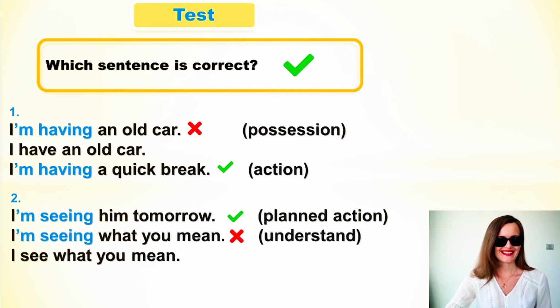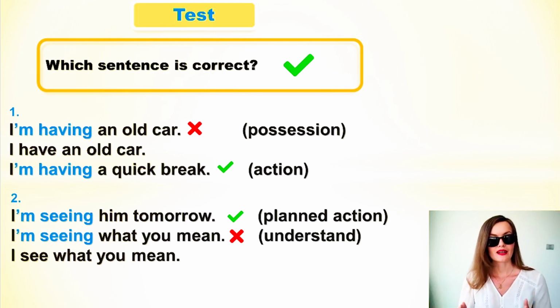And the second one, I'm seeing him tomorrow, is the correct one because you show a planned action. And the second one is wrong, I'm seeing what you mean, because in this situation we should say, I see what you mean. I see means I understand. It's a stative verb. It did not transition. In this case, I see what you mean.